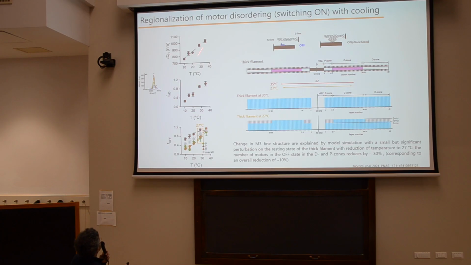If we cool, if you reduce temperature, we have a reduction in the intensity of the first myosin layer line, but also of the M3 reflection and of the interference distance. This means that with cooling, we have removal of motors from the extremities of the thick filament.